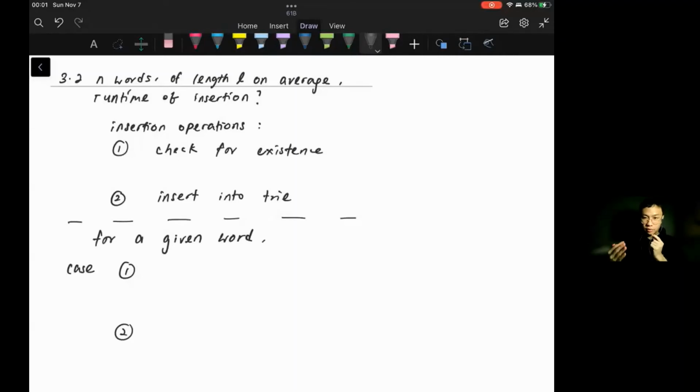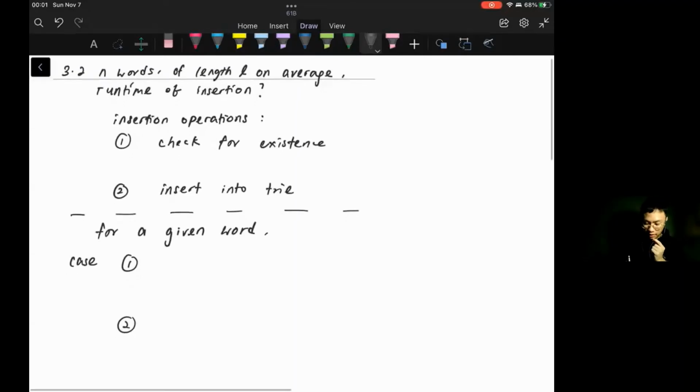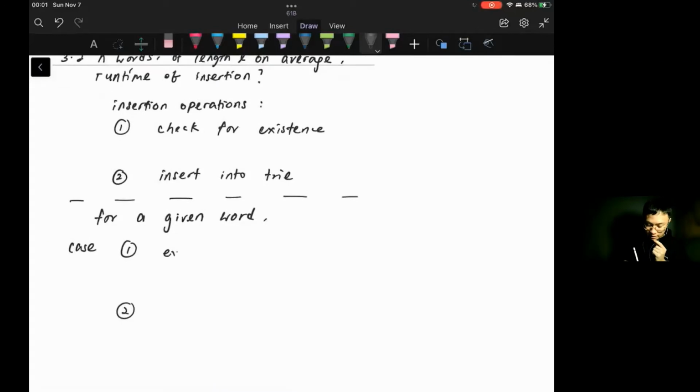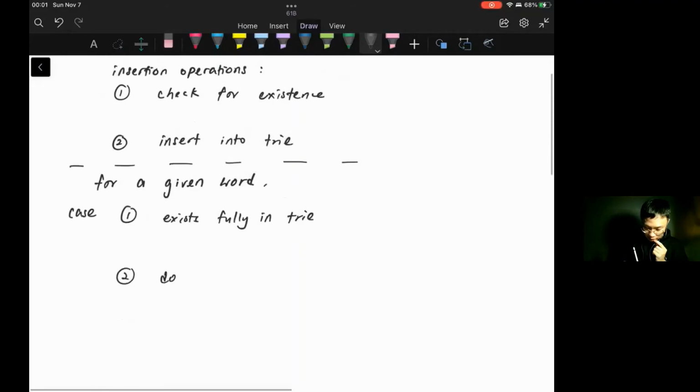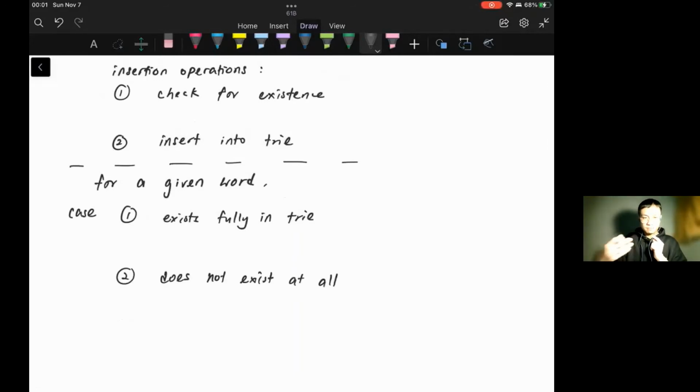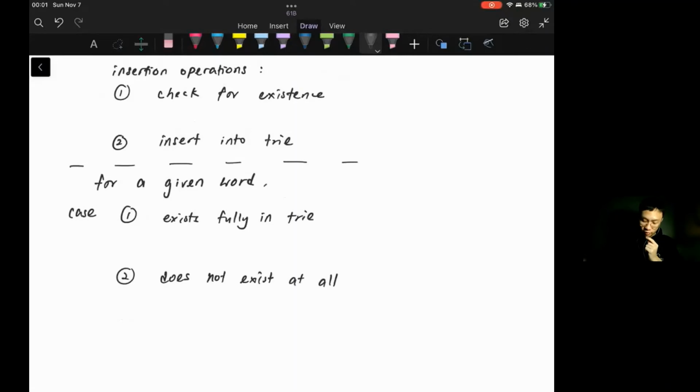For example, the first case would be that the word exists fully in our tree. On the other extreme end, it does not exist at all, not even a single alphabet matches what we have on the tree.